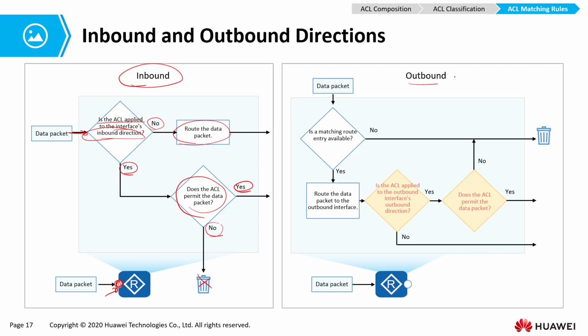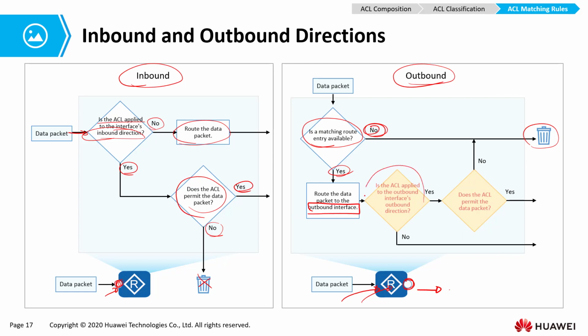If it is applied in the outbound direction, the packet hits the router and there is an ACL applied to the outbound direction of that packet, what's going to happen? First of all, before the ACL is processed, the packet is going to be routed. So the first question is, do we have a matching route entry available? If there is no route entry available, of course we'll drop the packet. But if there is a route entry, then we shall route the packet to the outbound interface based on the routing table.